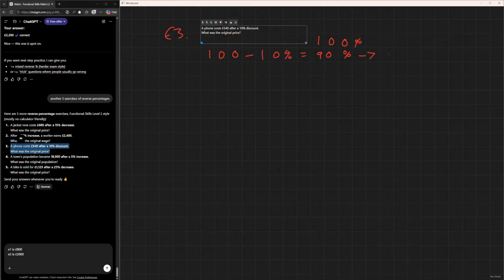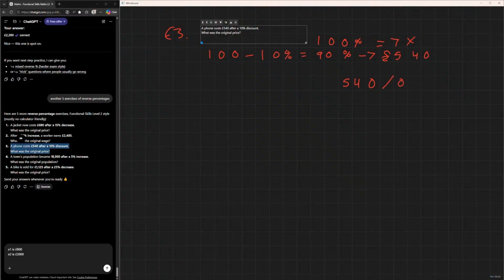So the 90 we have is 540. Now you divide 90 by 100 and you get 0.90. But one second, let's do x. So our x is going to be 540.